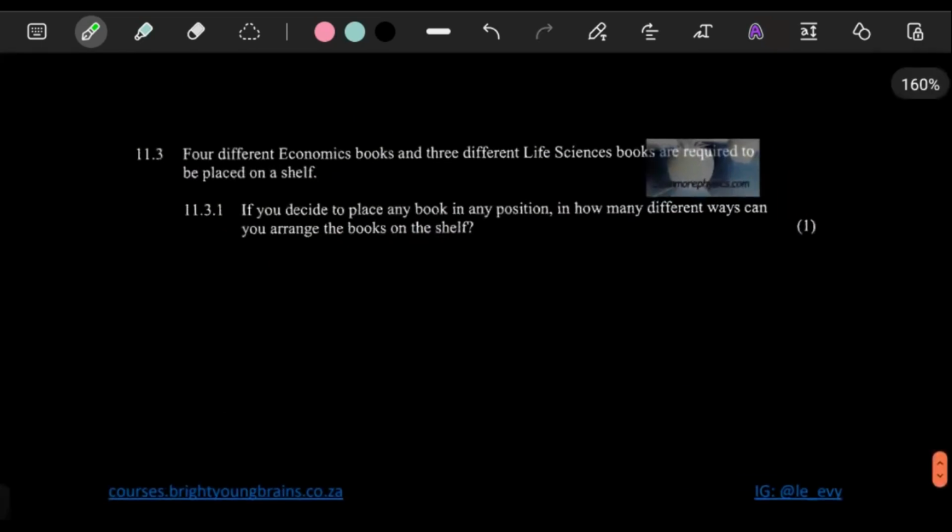This next one says 4 different economics books and 3 different life science books are required to be placed on a shelf. So it's 4 economics, 3 life sciences.